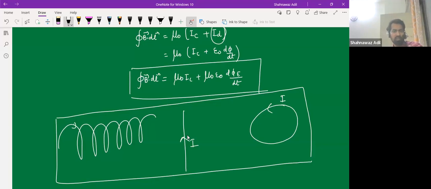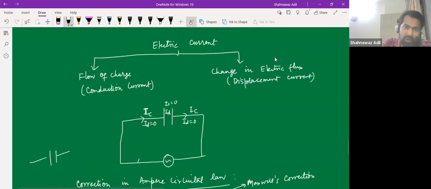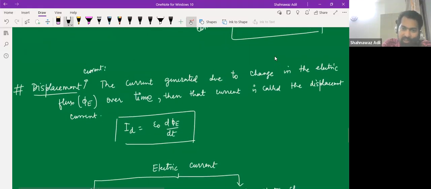So we have only the conduction current, and we don't need the displacement current. Yes, sir. That is why the earlier one is also important. Whenever the displacement current is zero, then we only use this Ampere's circuital law. Okay, sir. Okay, so please note down this part.